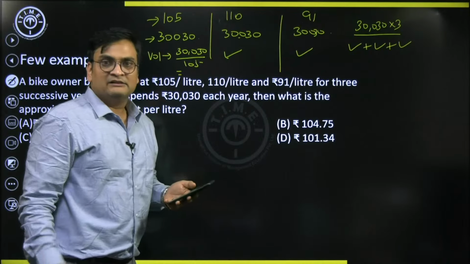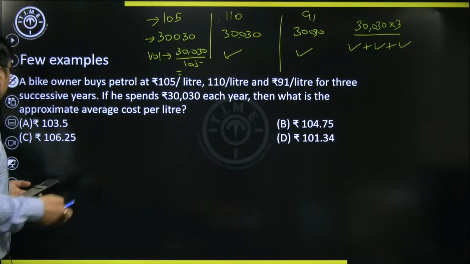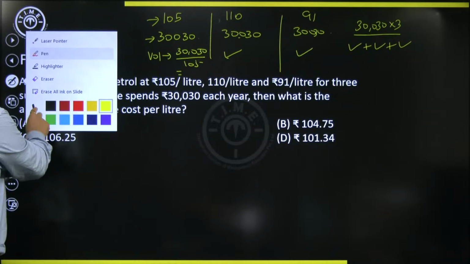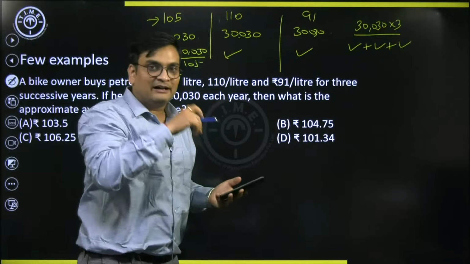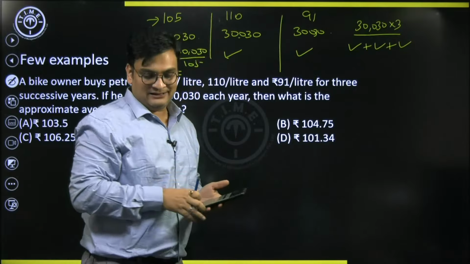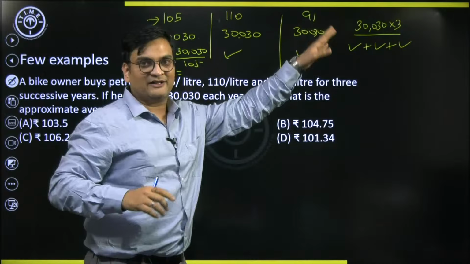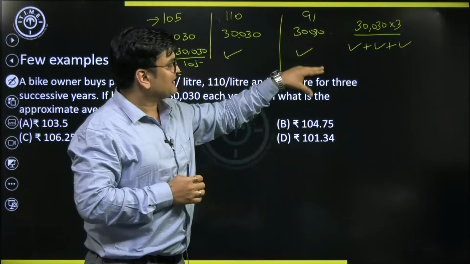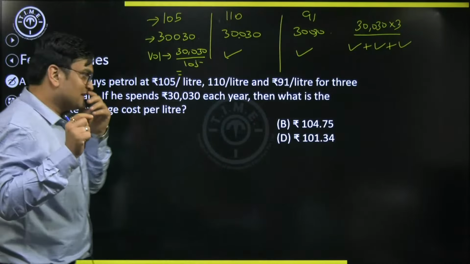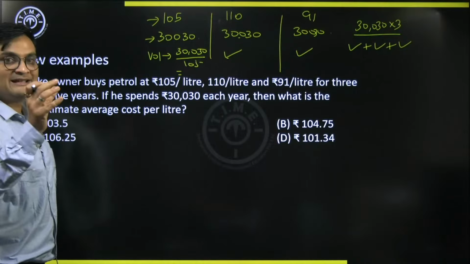Correct. Now let me try to explain a really interesting point. If you did it like this, I am sure all of you understand the amount of effort you would have needed. The efforts are really high. Now let's see one small point here. What exactly are we doing here?